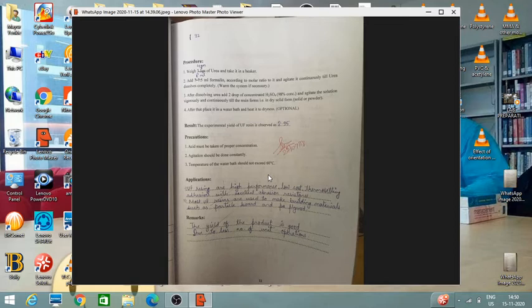Then add 8 ml of formalin according to molar ratio to it and agitate it continuously till urea dissolves completely in it. Then you have to take formalin 8 ml and dissolve the 4 grams of urea in it completely.